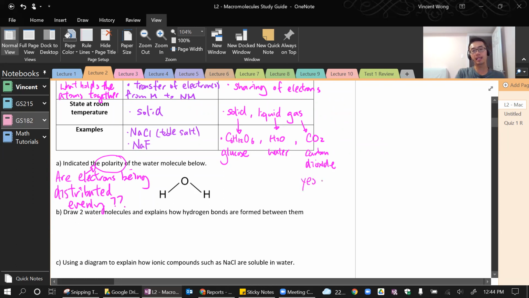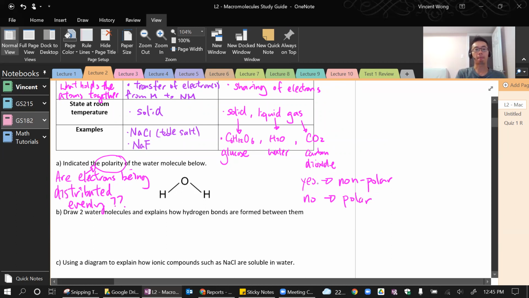If the answer is yes, then we say it is non-polar. If it is no, if electrons are not being distributed evenly, then we say polar.